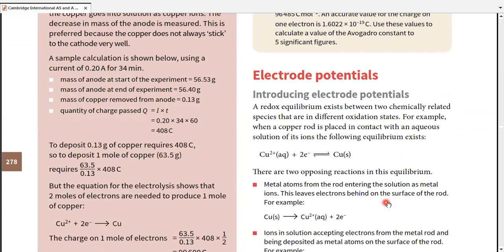Introducing electrode potentials. A redox equilibrium exists between two chemically related species that have different oxidation states. For example, when a copper rod is placed in contact with an aqueous solution of its own ions, this equilibrium exists. What we are trying to say is that the reaction starts, but we are not able to see any change because the reaction goes to a proper equilibrium.